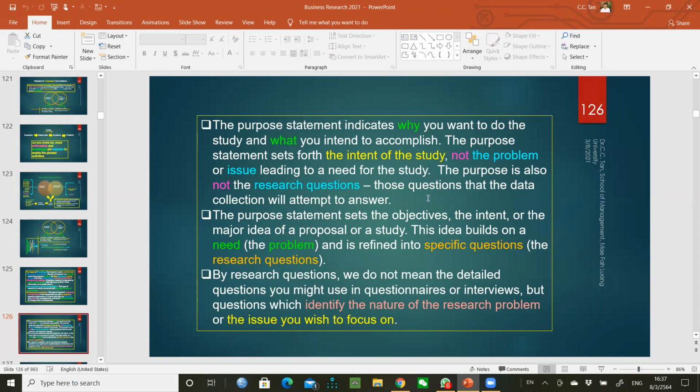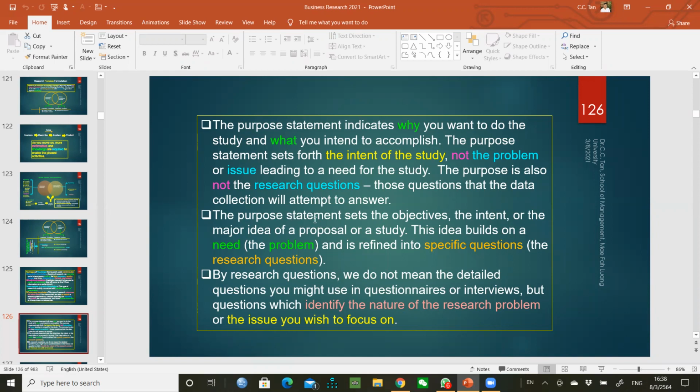It is not the problem. The problem already happens in your beginning, and then it slowly filters through the situations of the problem, and what you really need to solve or address. So it is not the problem, but the reasons and the direction for clarifying the problem, and that forms the research purpose.